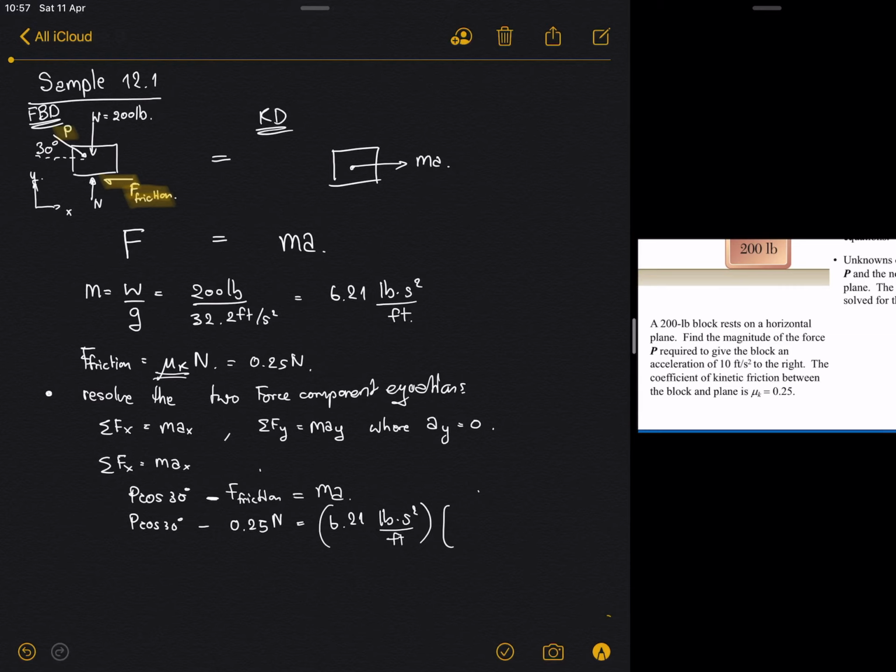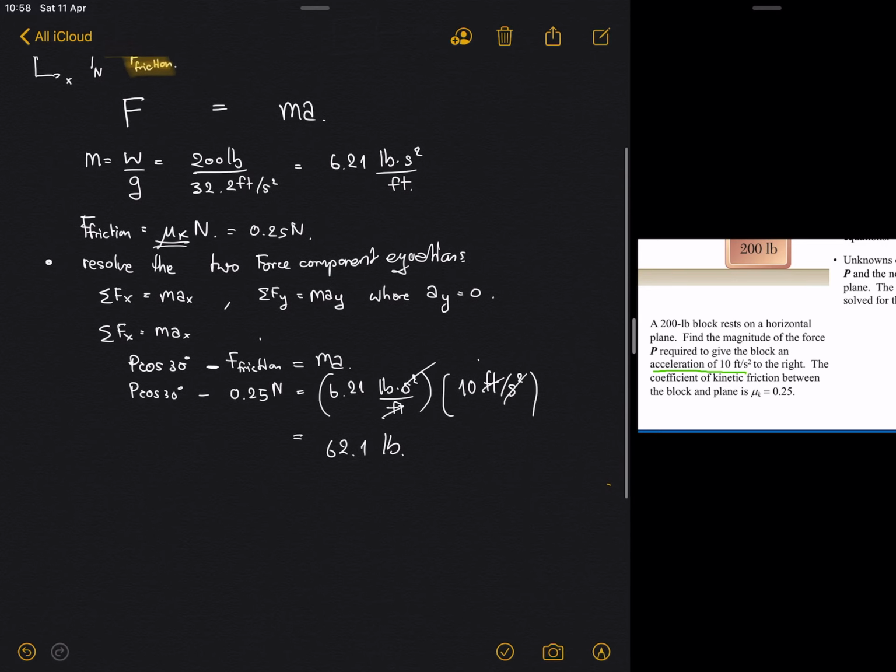And then we multiply with acceleration, also given here. We have 10 feet per second square. Okay, looks really good. So next we solve, we just multiply this, then we have 62.1, feet cancel by feet, second cancel by second, then we have 62.1 pound.